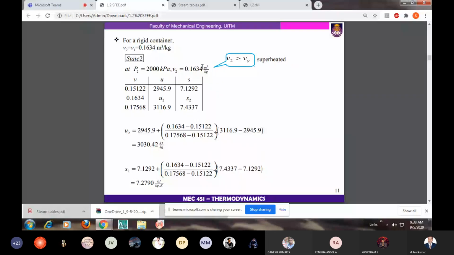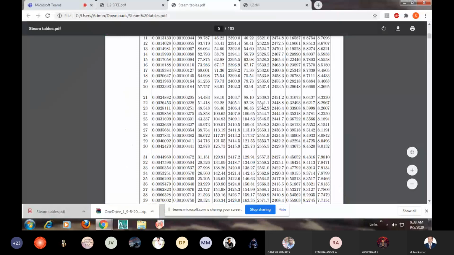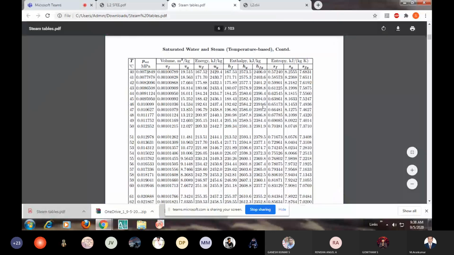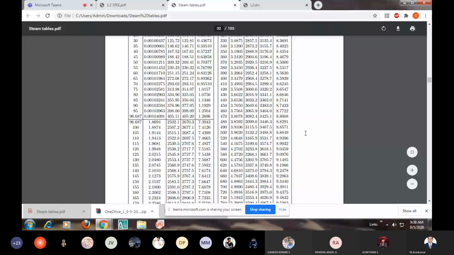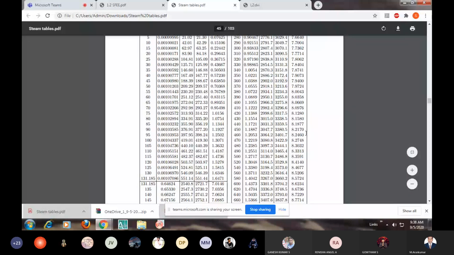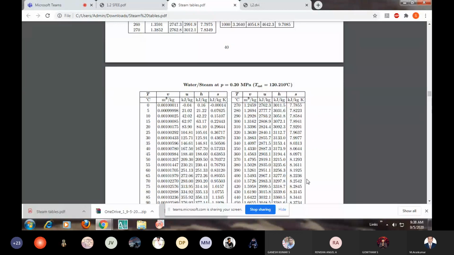We can directly go to the superheated steam table at 2000 kilopascal. The superheated steam table is available at the bottom. This is the superheated steam table, 2000 kilopascal, that is the 2.0 megapascal superheated steam table.